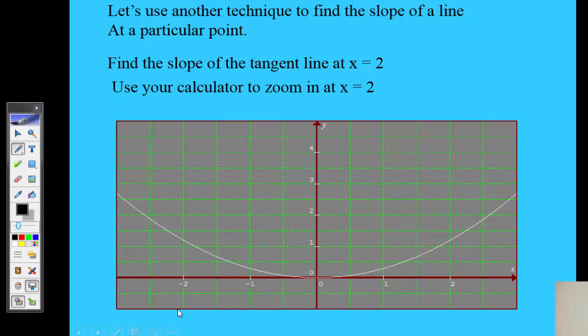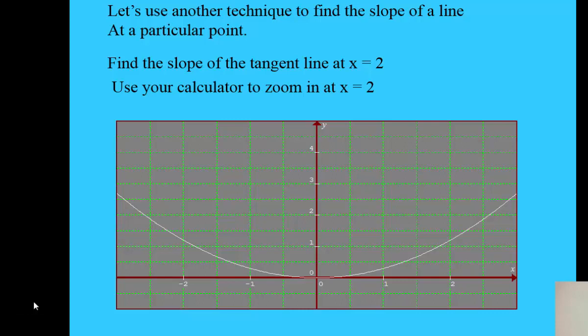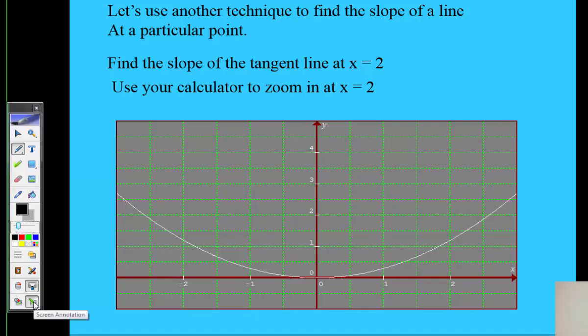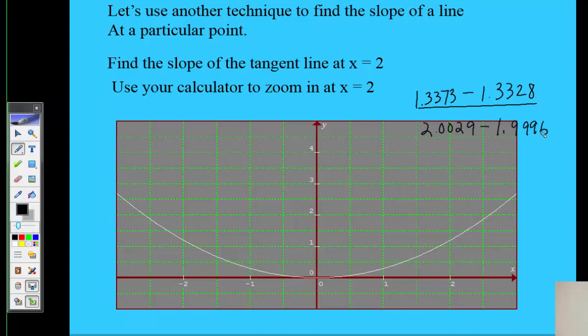So with your calculator, plug those values in. We would have 1.3373 minus 1.3328 divided by 2.0029 minus 1.9996.